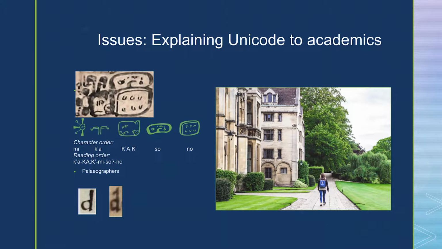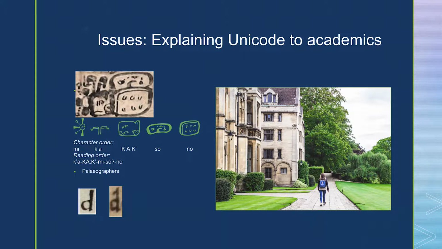It can still be a challenge to explain Unicode to academics, and I'm going to focus here briefly on two groups, linguists and paleographers. The approach by Unicode to encode characters differs from what many linguists are interested in.